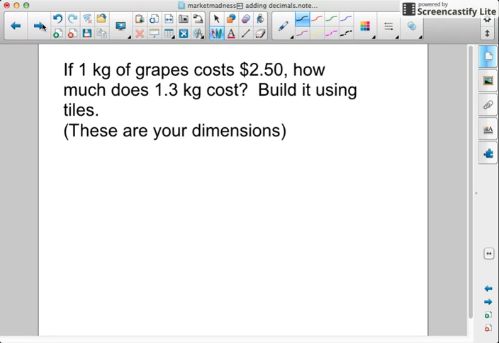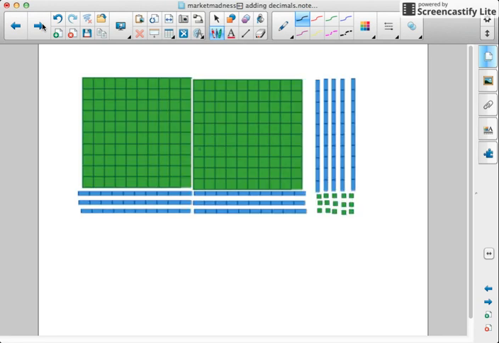Let's try another one. If 1 kilogram of grapes costs $2.50, how much does 1.3 kilograms cost? Build it using tiles. What we're going to end up doing is multiplying these, because 1.3 kilograms times $2.50 is going to give you how much it's going to cost. I'm going to set it up like this.